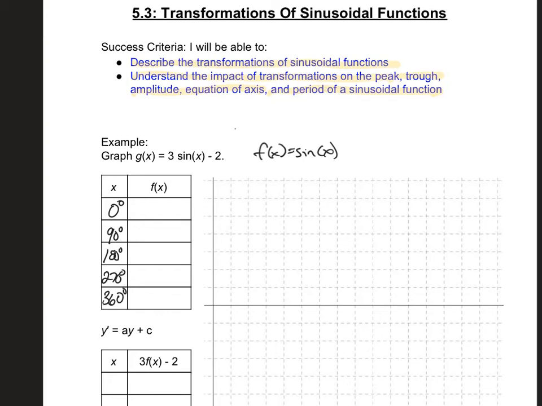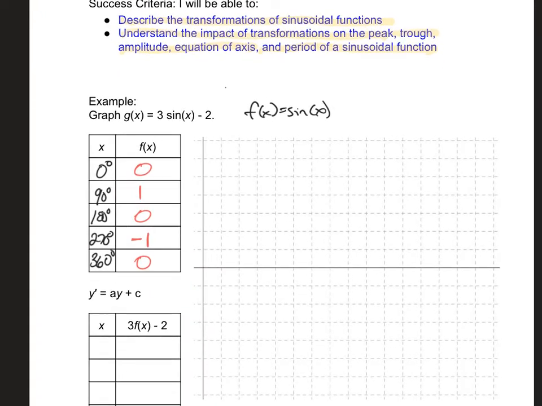And knowing how the sine graph behaves, we hopefully determined that it starts at the equation of axis 0, goes up to the maximum of 1, comes back down to the equation of axis of 0, then it takes our trough of -1, and then comes back to the midpoint again of 0. So let's graph this on our grid here.